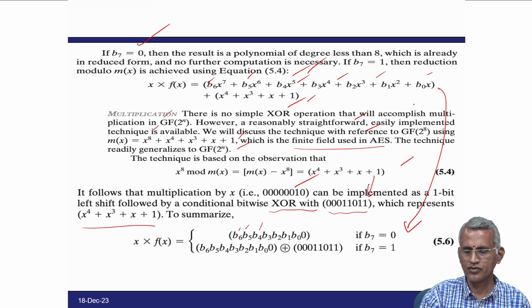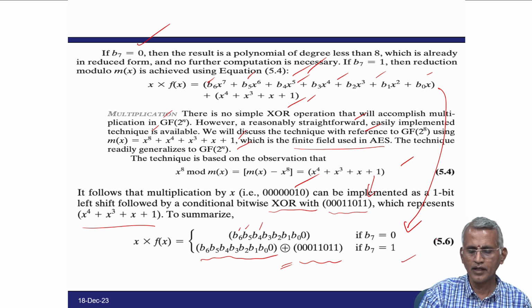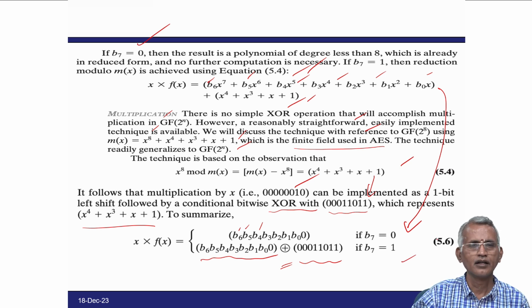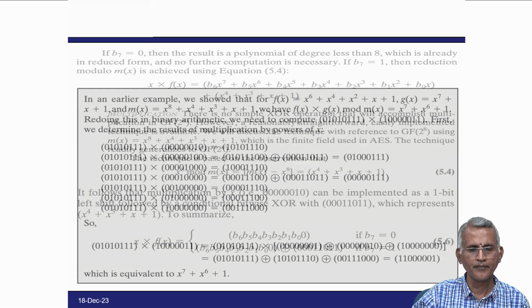If b7 equals 0, then b6, b5, b4, b3, b2, b1, b0 followed by 0, XOR along with the binary bits. If b7 is equal to 1, then we have an expression like this.